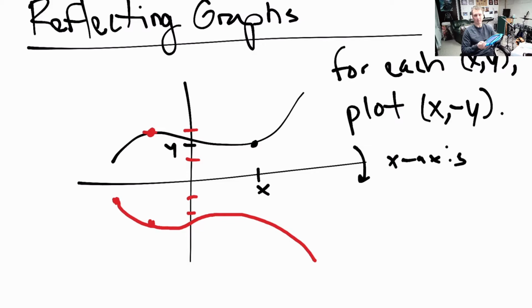I tried my best, but you're trying to maintain this distance here and this distance being the same. Okay? So that's one way to reflect a graph, is plug in an x, get the usual y. That gives you your graph of the original function. But if you plug in your x, get your y, and then negate it, and you plot that, you're going to plot the exact reflection of it across the x-axis.